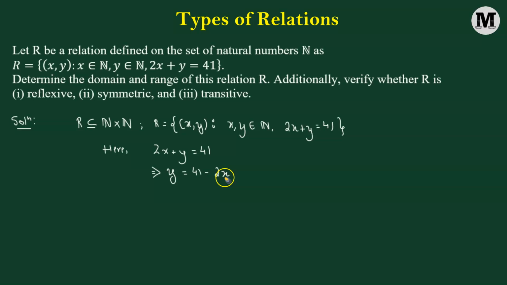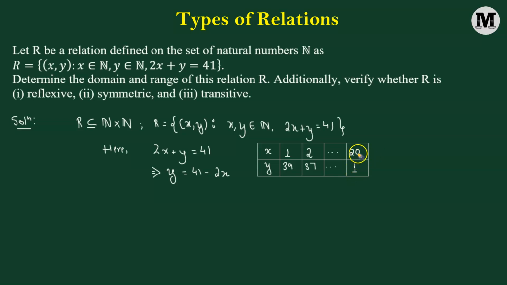So if we consider x equal to 1, then the corresponding y value is going to be 39. If we take x equal to 2, the corresponding y value will be 37. We continue this all the way up to the last value for x, which is going to be 20. Then in that case, y is going to be 1.